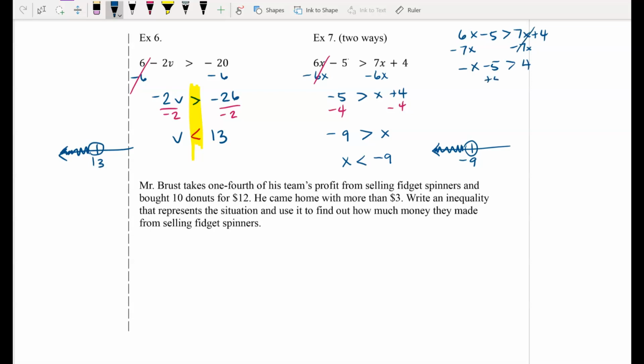And then I add 5 to both sides, and negative x is greater than 9. Now when I divide by a negative 1 to get x by itself, I get x is less than negative 9, having to turn the symbol around because I divided by a negative. So I end up with the same answer, but different order of steps to get there.